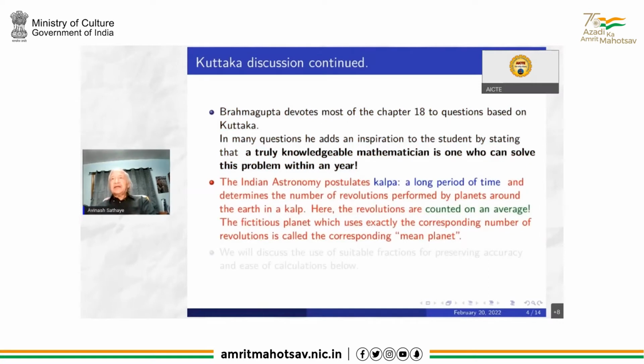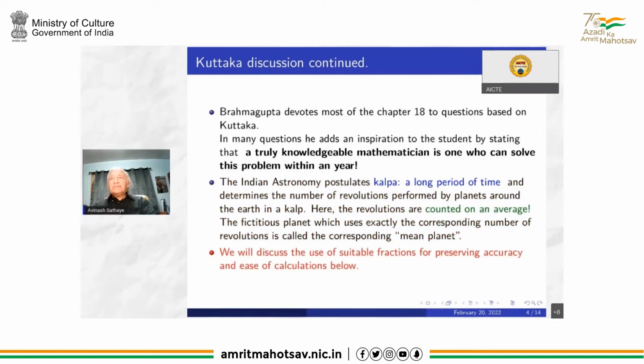Here, the revolutions are counted on an average. The fictitious planet, which uses exactly the corresponding number of revolutions, is called the corresponding mean planet. We will discuss the use of suitable fractions for preserving accuracy and ease of calculations below.